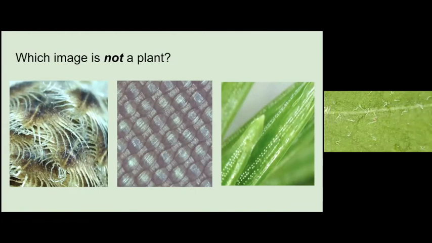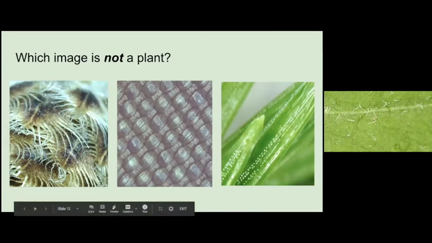All right, looks like we have Ani and Fern who want to give some observations too. All right, so Ani, go ahead. I think the middle one is not a plant. All right. Fern, what do you think? I also think the middle one isn't a plant. All right, so it seems like we kind of have some consensus.